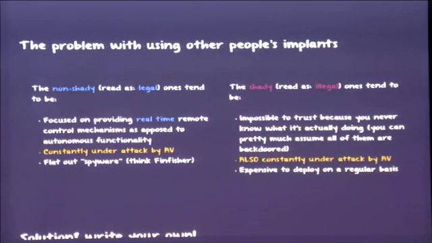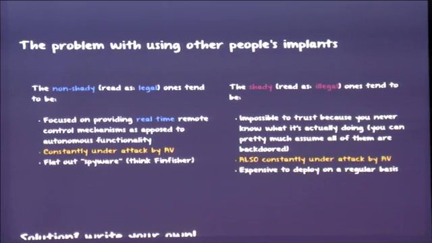The illegal ones are illegal, usually, and even if they weren't, the problem is that you can't trust them because you don't really know what they do, right? They're distributed in a binary format. Yeah, you can reverse it, but that's just not practical for time's sake, right? It's probably owned, it's probably backdoored, it's way too much money to deploy on a client site, and you can't deploy it on a client in an assessment environment because nobody's going to let you run malware on their shit.